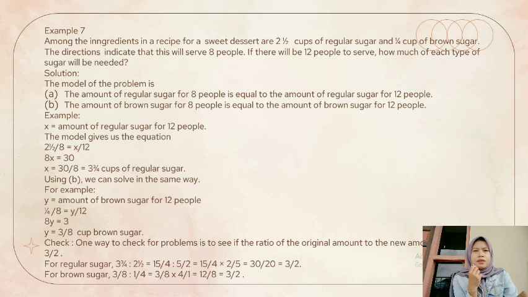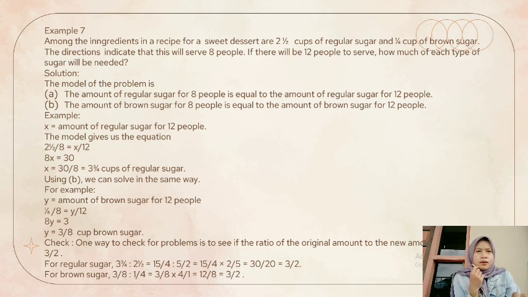We operate this by cross multiplying like the first method. 8y equals 3. To find the value of y, divide both sides by 8 to get y equals 3/8 cup of brown sugar.